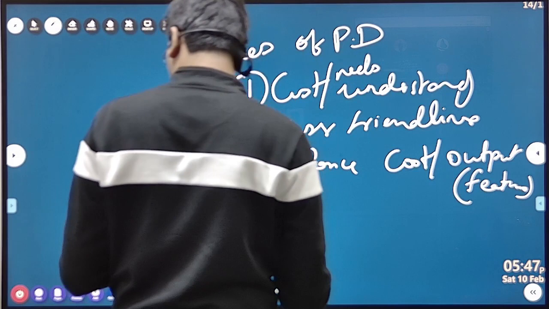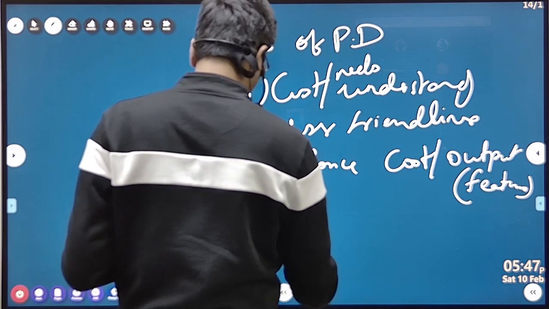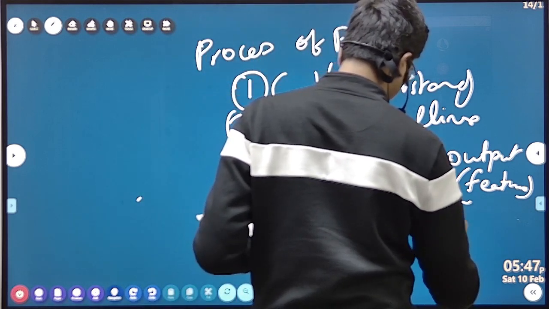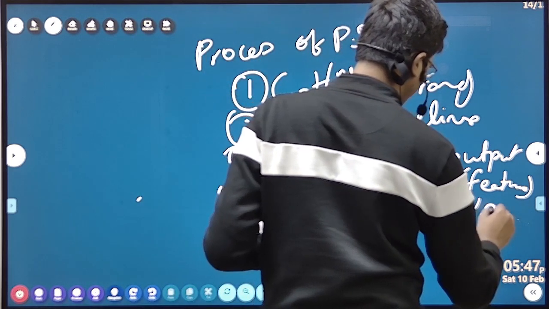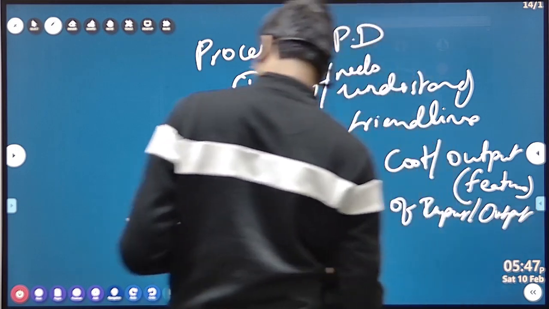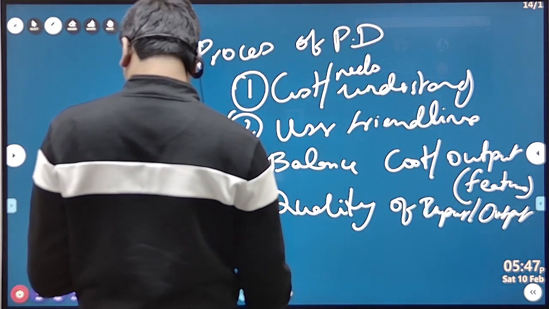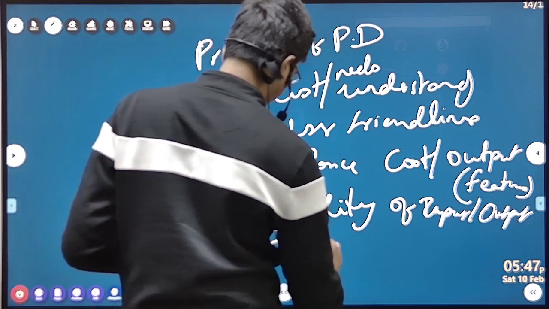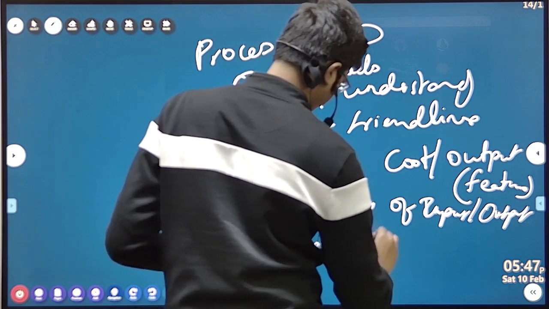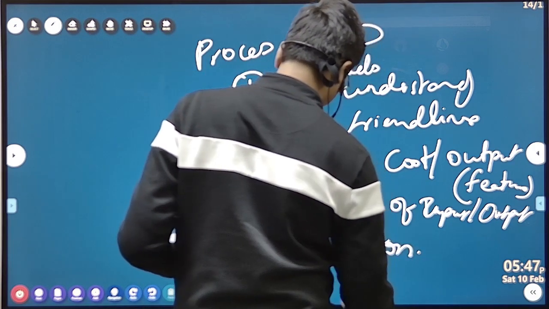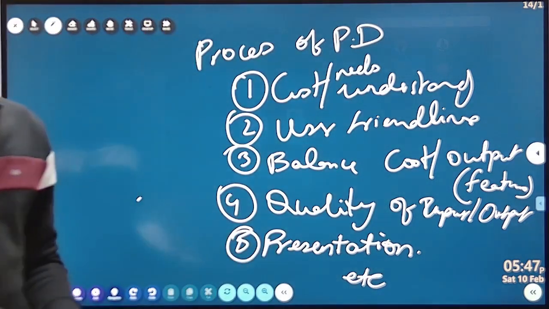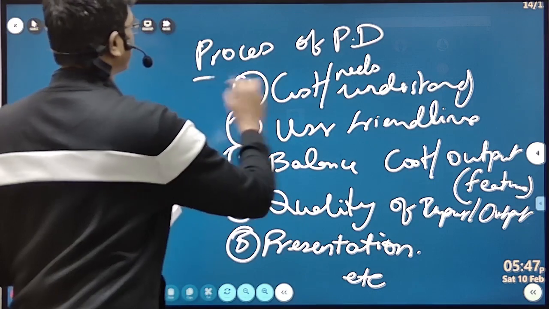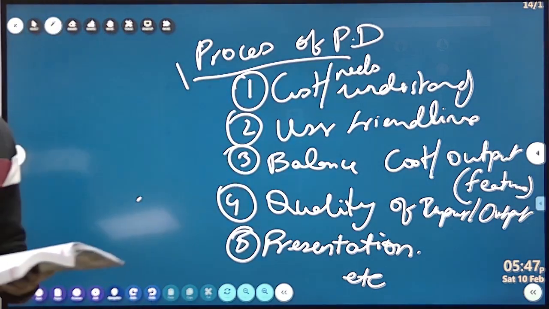Then quality of input and output, presentation, etc. So this is basically what goes into product design.